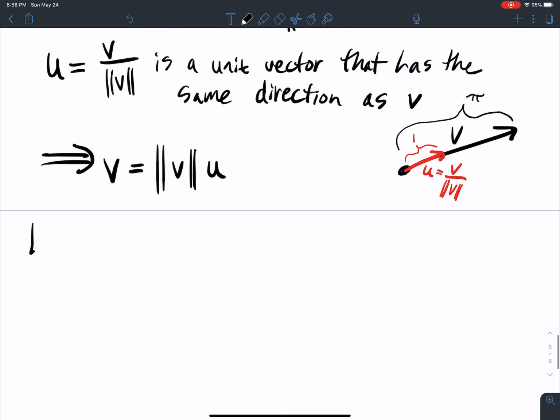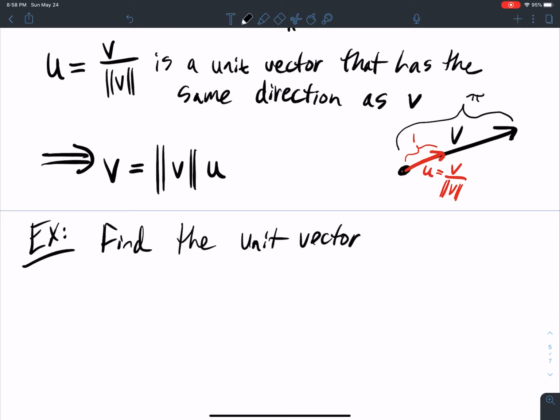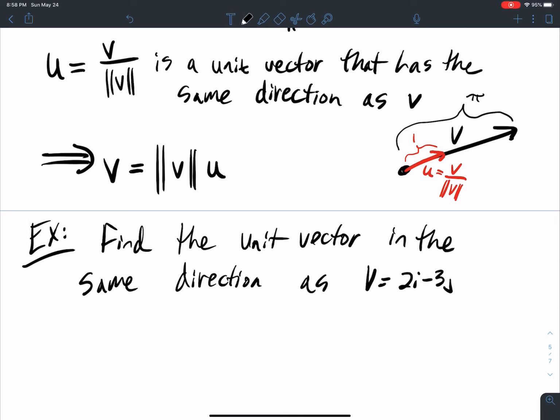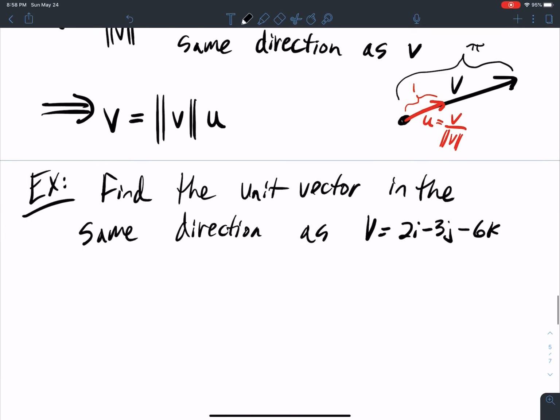so I want to find the unit vector in the same direction as v equals 2i minus 3j and then minus 6k.